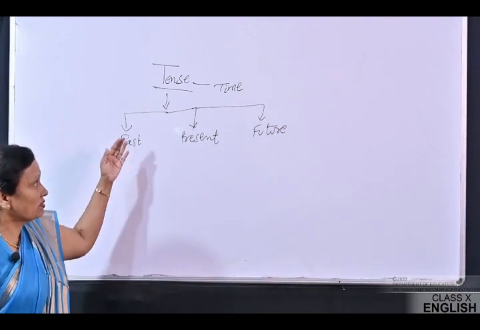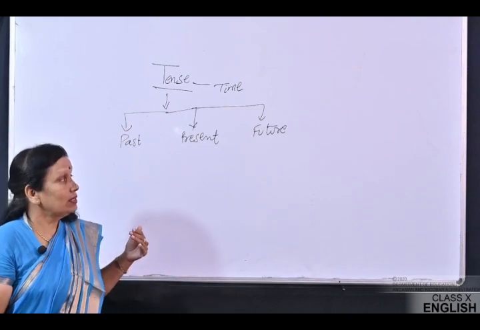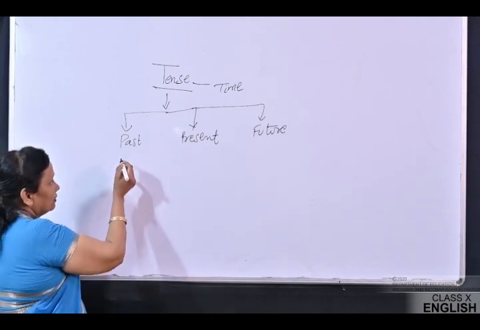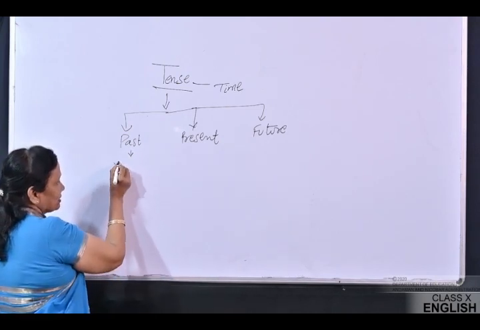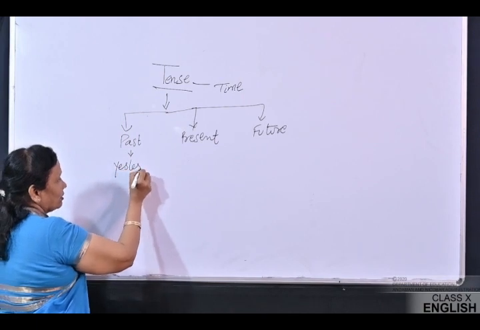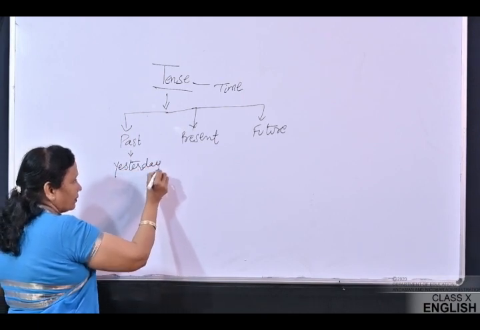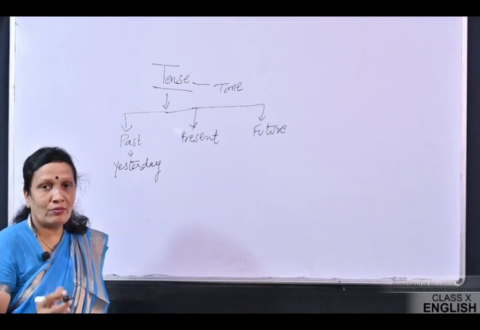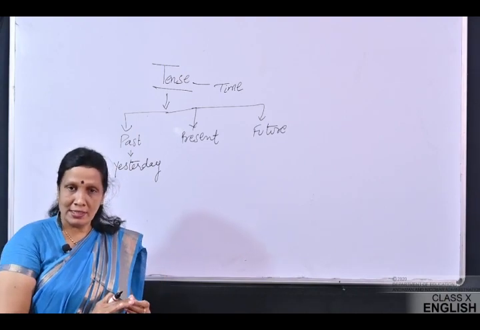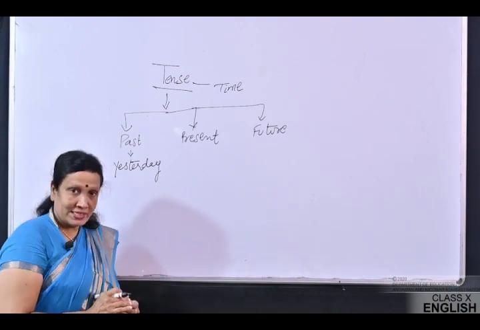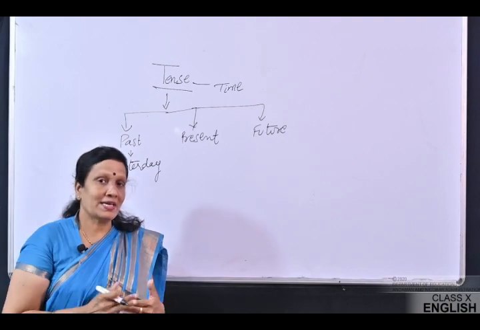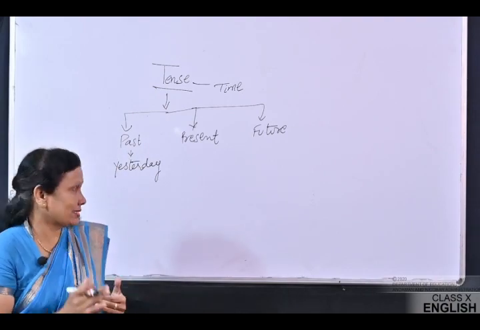Okay, these are the three different types of tenses. Now, past means the time that has gone. If you want to understand in very simple terms, yesterday, that means the time that has gone, past.